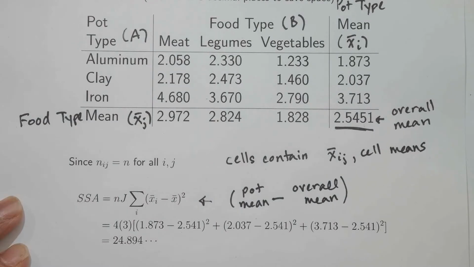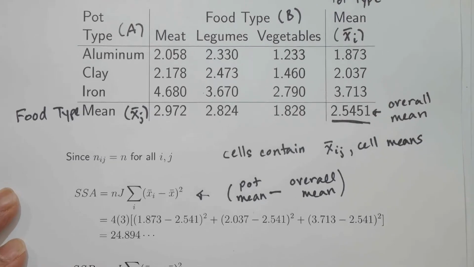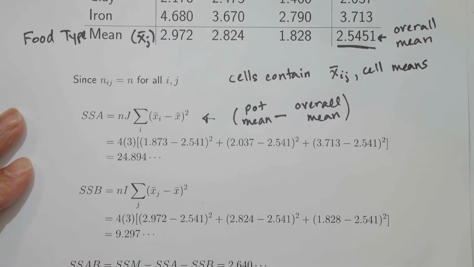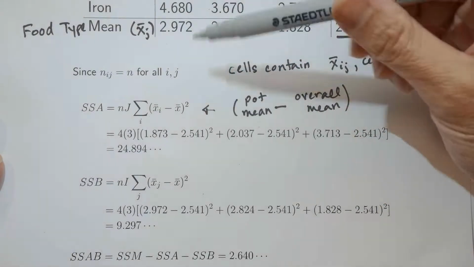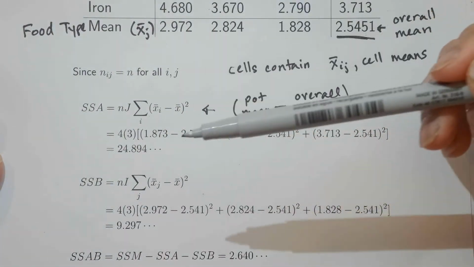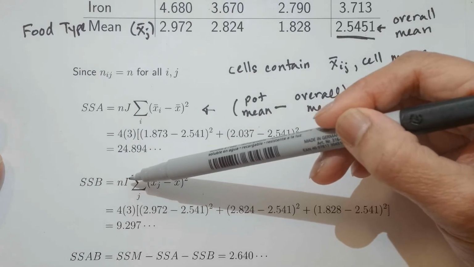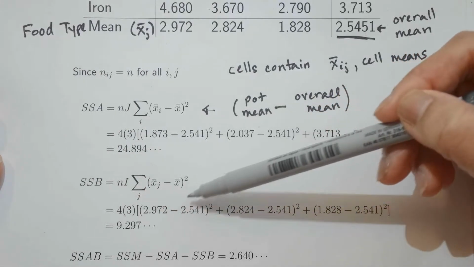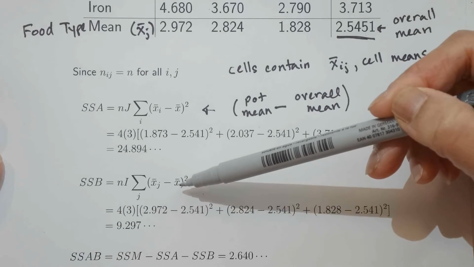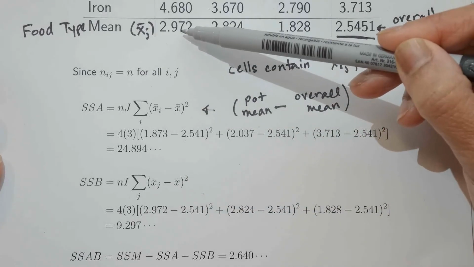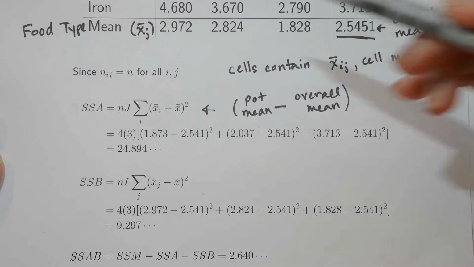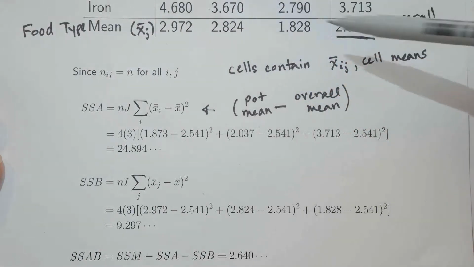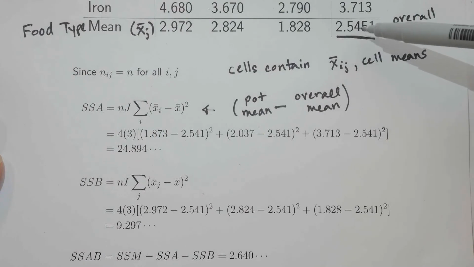If we want to calculate the sum of squares for factor B, we would do the same thing. We take little n times capital I, and then the sum of the food type means minus the grand mean. So this 2.972 minus the 2.541 plus 2.824 minus the 2.541.